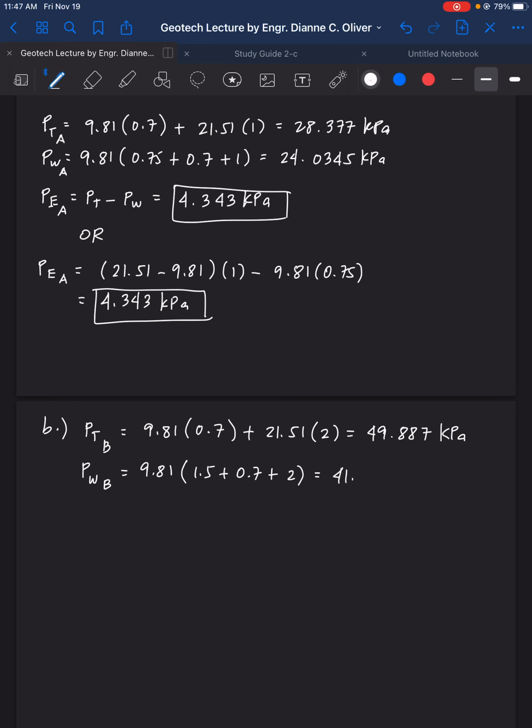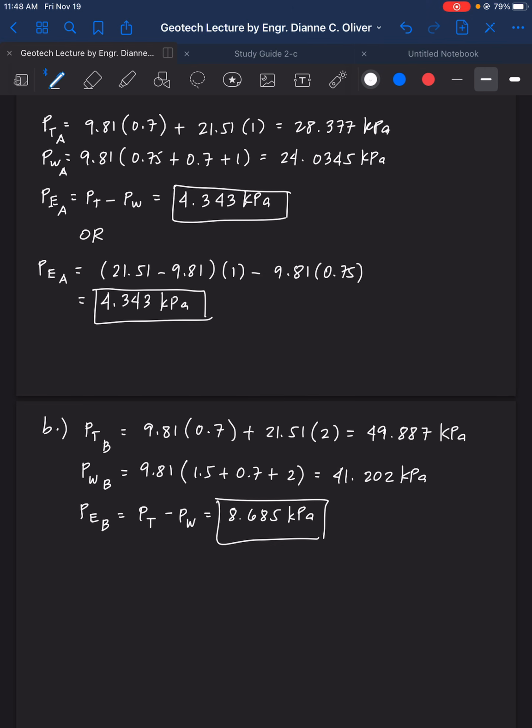That is 41.202 kilopascal. So P effective at point B is equal to P total minus pore water pressure, that is equal to 8.685 kilopascal.